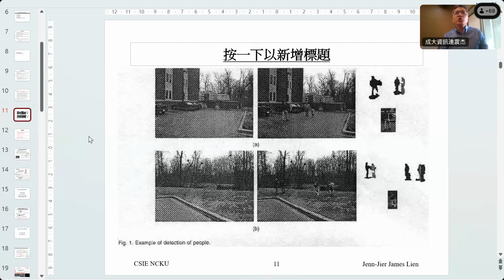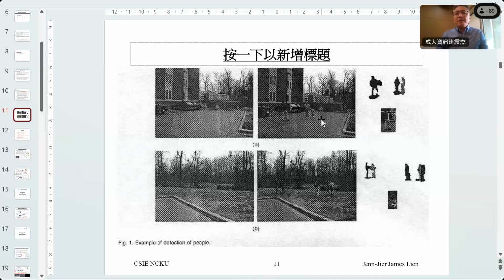You can use deep learning to do the modeling of the background. After you model the background and you put the object in, it will extract, or we call it segment, the foreground object from the background. So it's extracted out. So that's the other method.